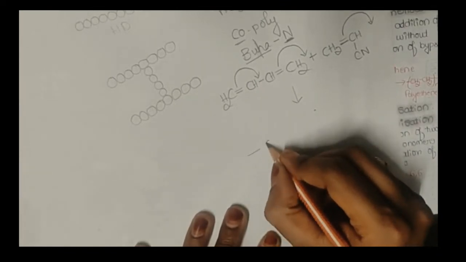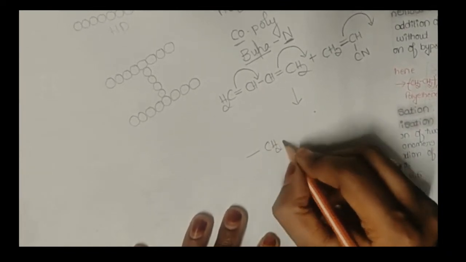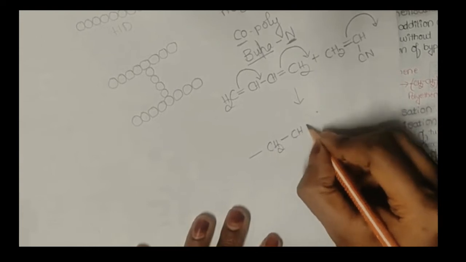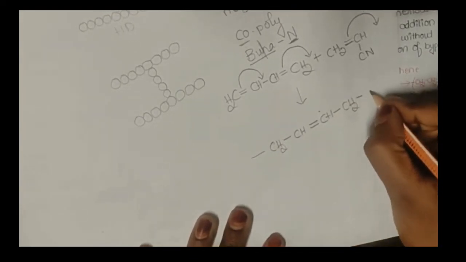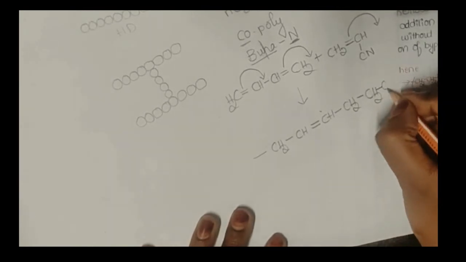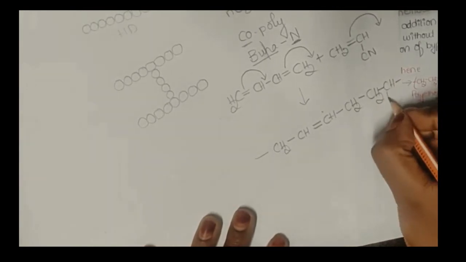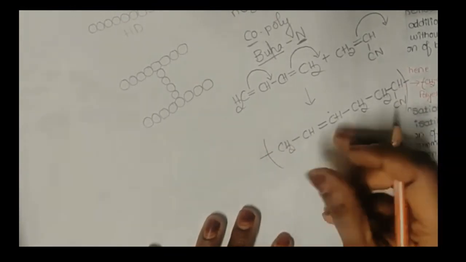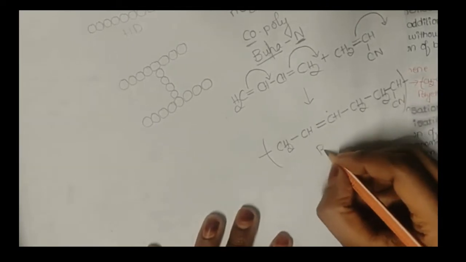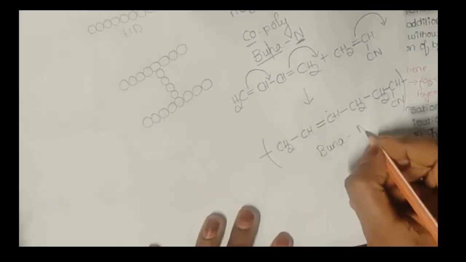So you will end up with a partial structure like this: CH2 single bond, CH double bond, CH single bond, CH2 single bond, CH2 single bond, CH single bond with a cyanide group. And this itself is a partial structure or a repeating unit for a polymer called Buna N.